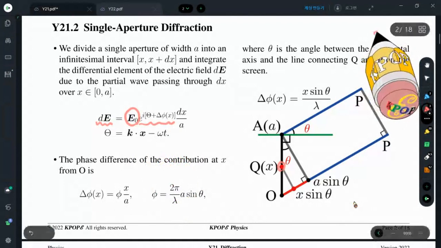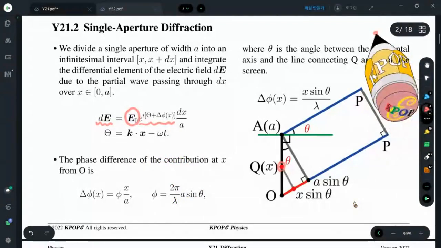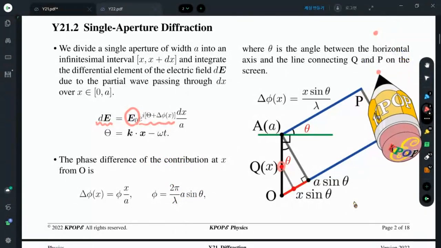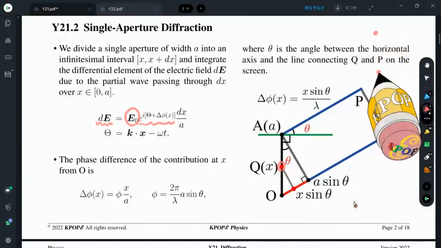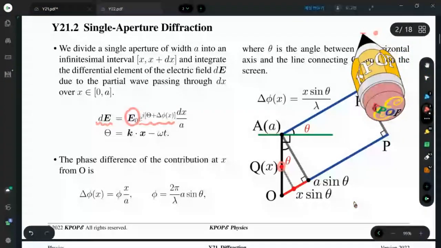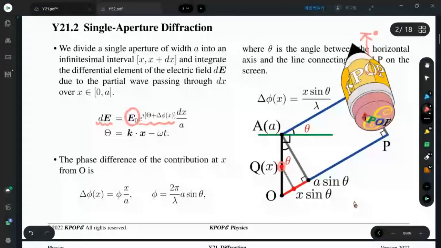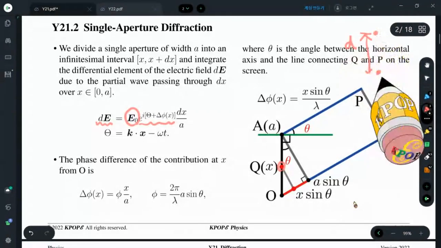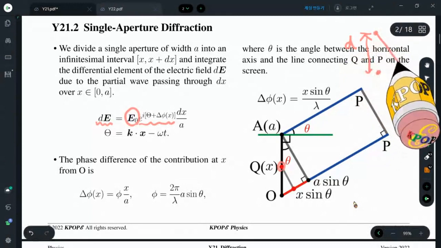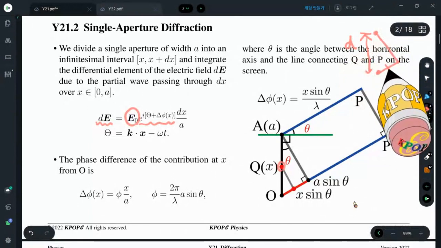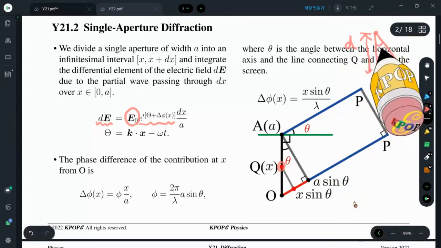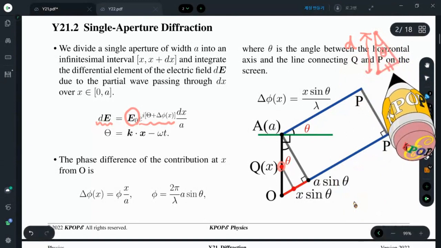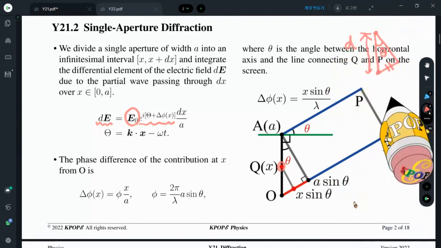We remember the phase difference between the two contributions for the two-aperture problem: we had the distance d between the two apertures, and the path length difference should be computed by multiplying sine theta to the distance d.